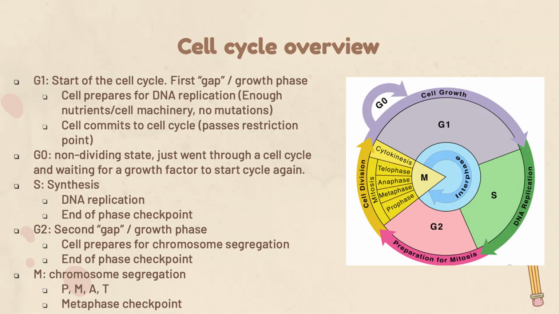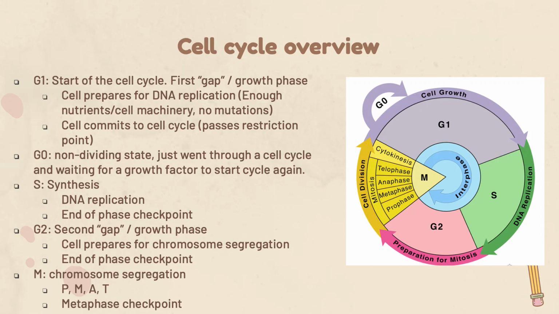And during G1, they pass a restriction point if everything looks good. And remember, once they pass the restriction point, they are still in G1. And then G0 is a non-dividing state. So it could be a cell that just went through the cell cycle. It's waiting for another growth factor to signal for another cell division.